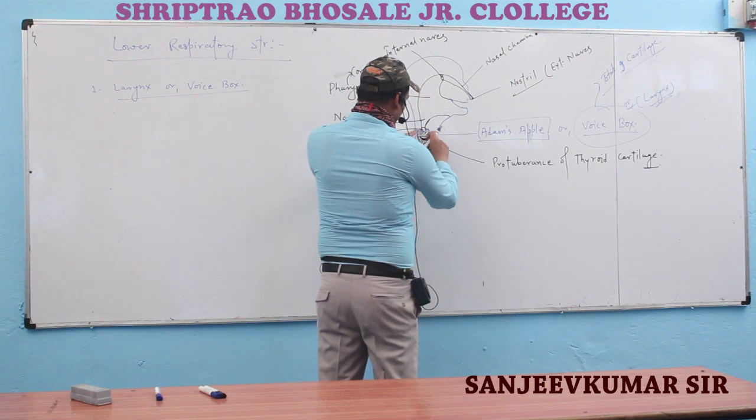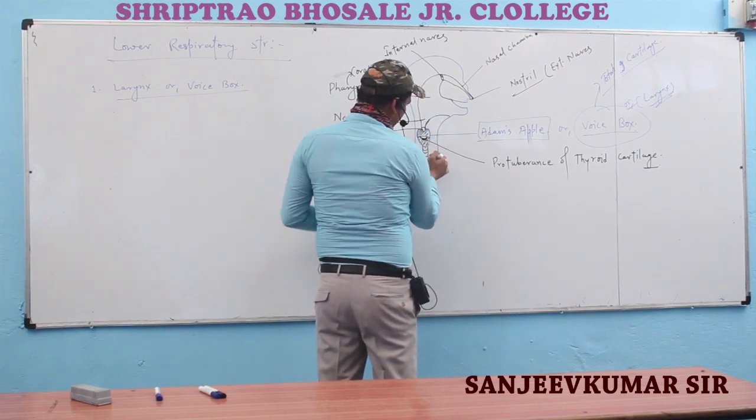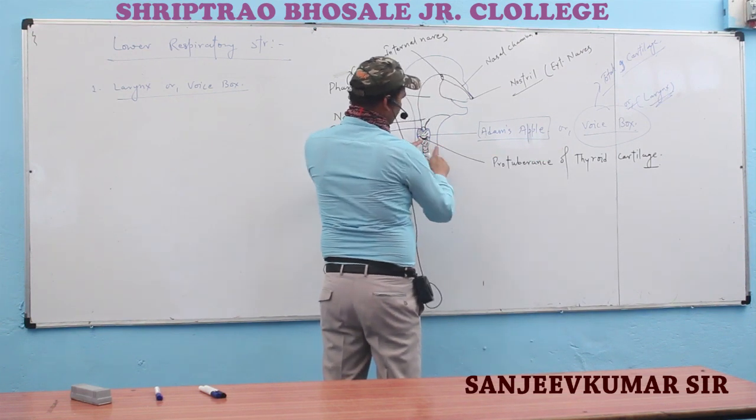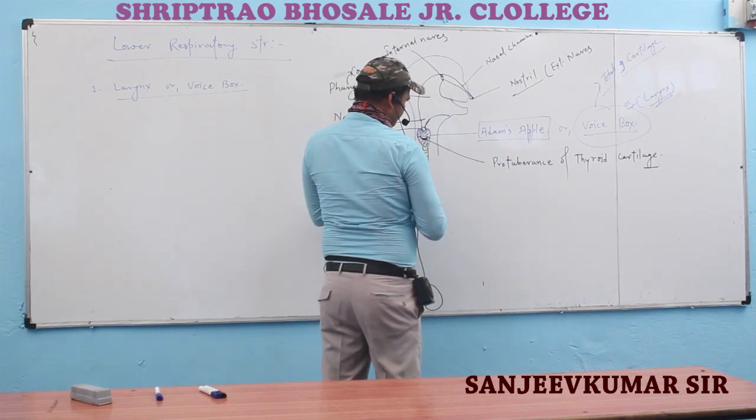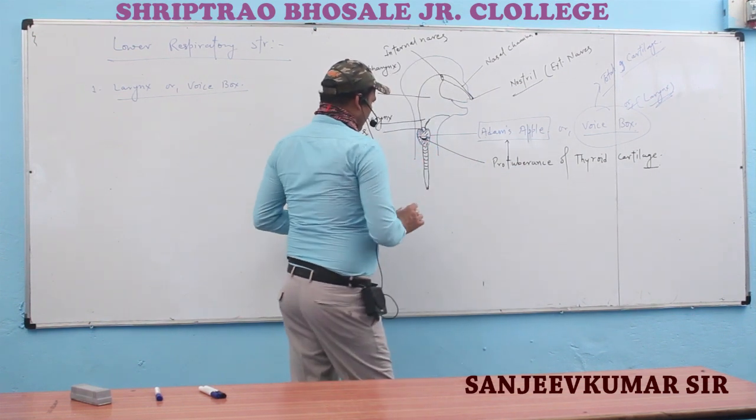So this is the voice box, and here is the arrangement. This is the protuberance of thyroid cartilage, which is actually the Adam's apple.